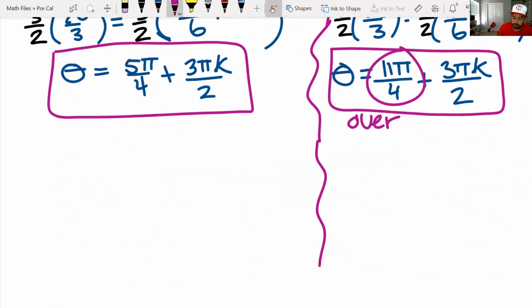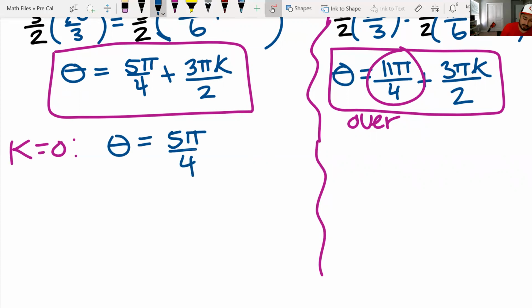Which means we'll start. We'll say k equals 0, and theta will equal 5 pi over 4. There's that. That's in the unit circle.